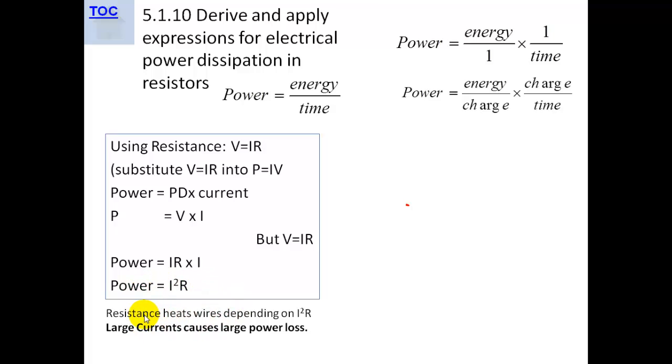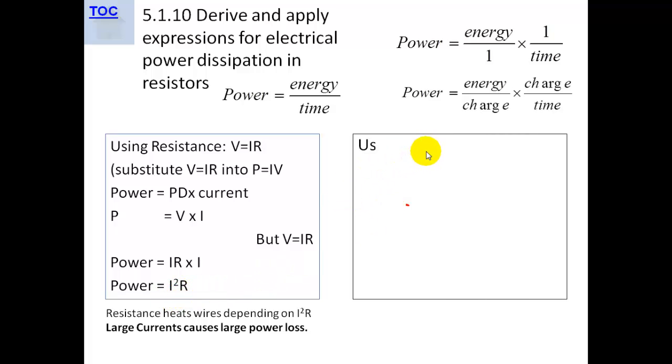This is called the power loss in a wire. It means that when you have a certain current, the wire will heat up, and this large current causes this power loss. In other words, energy is lost to the surroundings because the current makes the wire heat up.